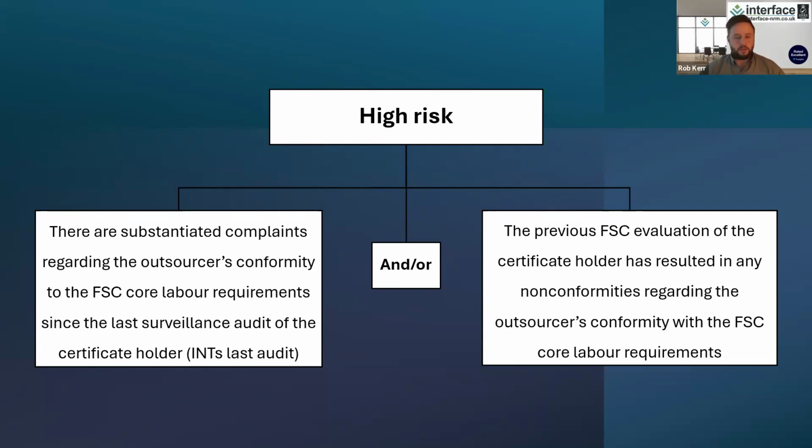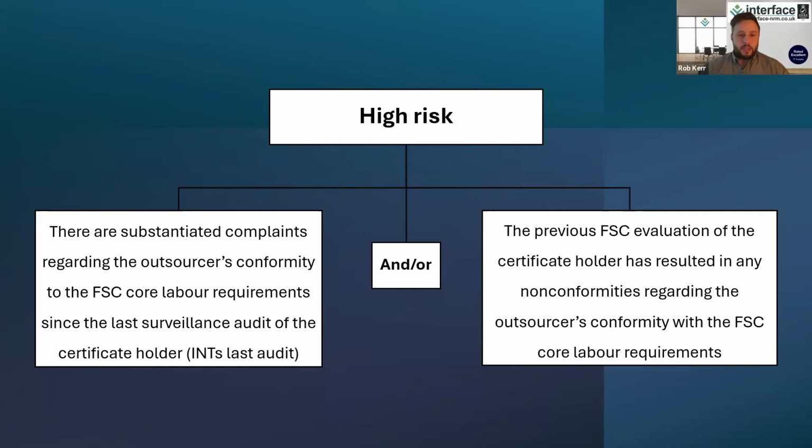In our experience, it's rare that there is a substantiated concern, especially in the UK. UK law is in line with the core labour requirements, and most people who are going through this are in conformance with the UK law and therefore core labour requirements.